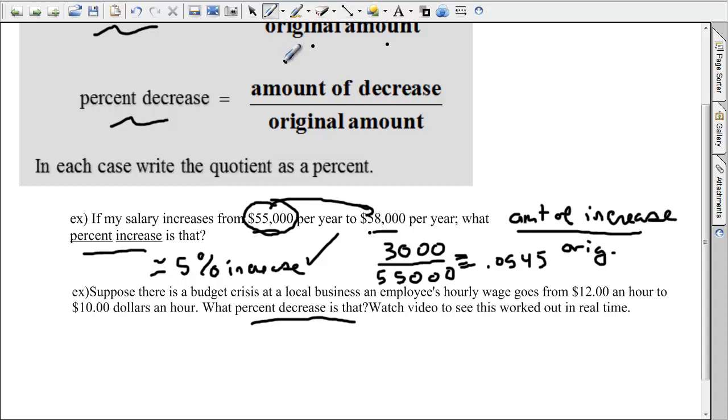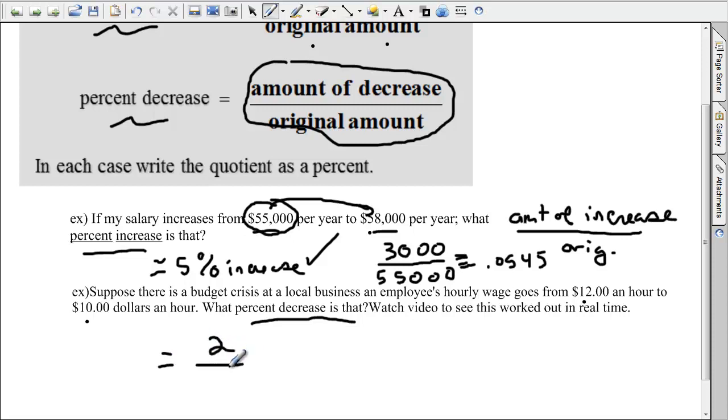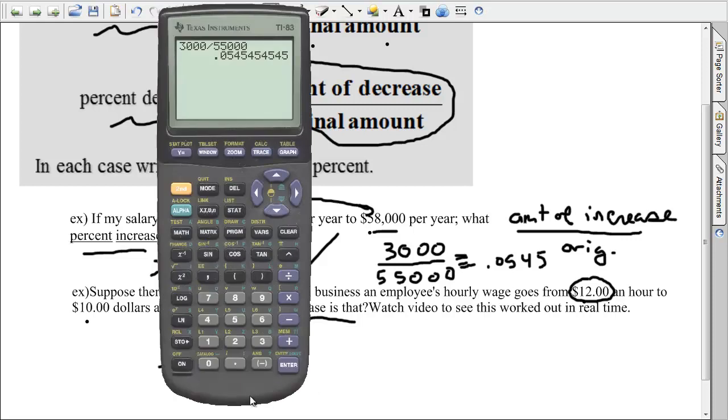So we have the recipe here, very similar in nature to what we did a moment ago. So let's take the amount of decrease. Well, if you went from 12 down to 10, the amount of decrease is 2. And then again, always divided by the original amount, which means the starting value. So you started at $12 per hour. So let's type that out and get a decimal.